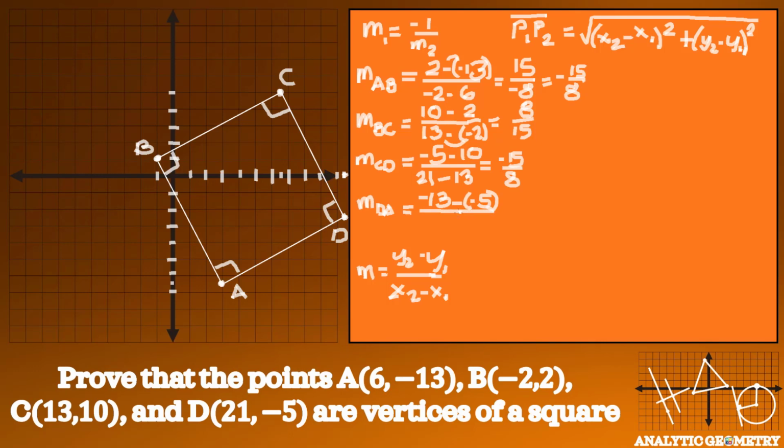Over our x sub 2, which is 6, minus x sub 1, which is D, so we have minus 21 here. This would mean double negative property. You have plus 5, so you have negative 8 over negative 15. So you have here the result of positive 8 over 15.